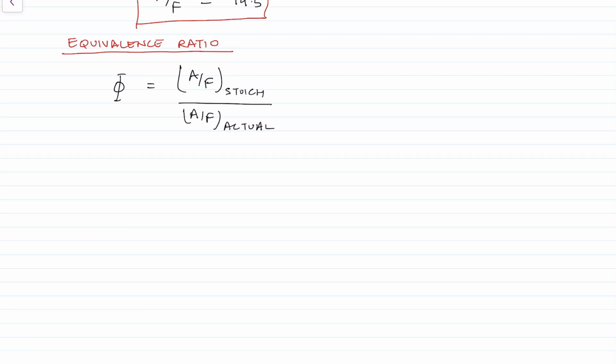So it's a ratio of ratios: the air to fuel ratio stoichiometrically divided by the air to fuel ratio for a given situation. And if you mathematically invert it, this is F by A actual divided by F by A stoichiometric.